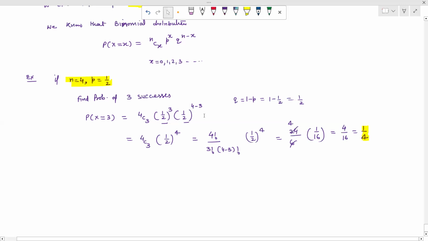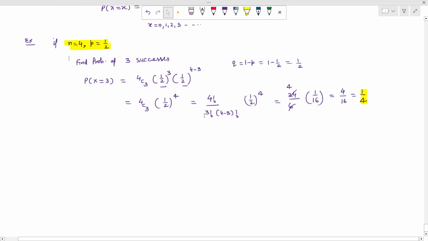Now, when we extend this n and p, that means we take other values of n and p, is the binomial distribution still able to solve it easily or not? So we move to the next example. Consider n equal to 1000 and the probability p equal to 1 upon 100.